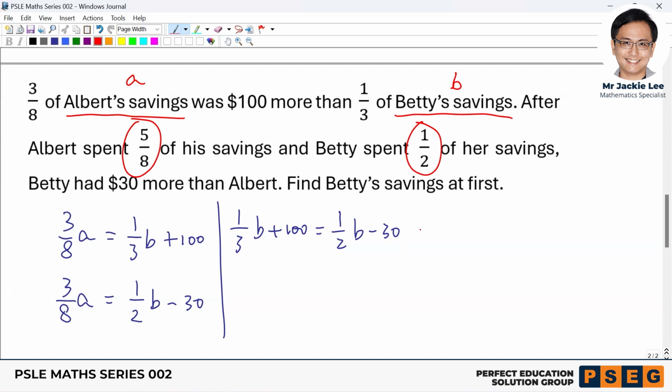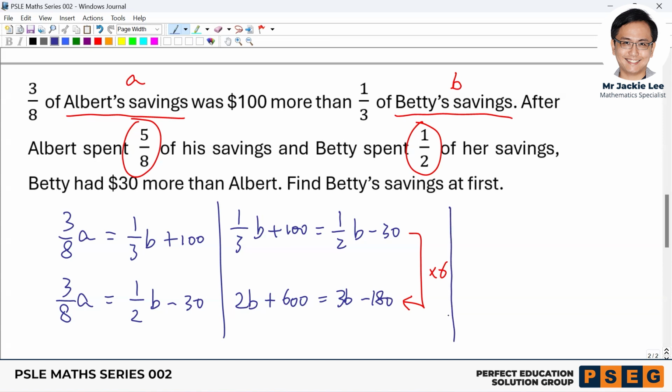So times 6, I write here times 6. Every value has to be times 6. So 1/3 B times 6 is 2B, am I right? 100 times 6 is 600. Half B times 6 is 3B. Then lastly, minus 30 times 6 is minus 180. Is that okay with you?